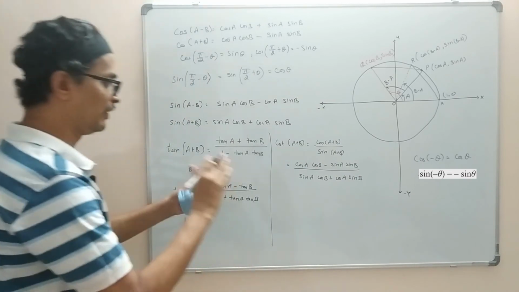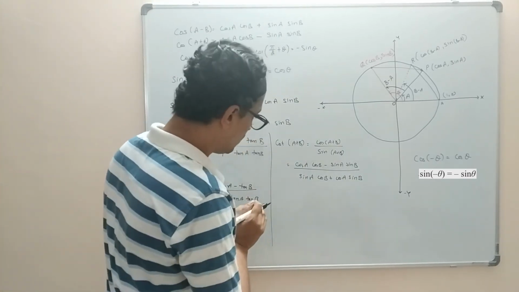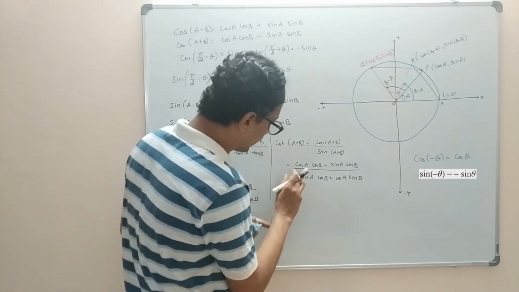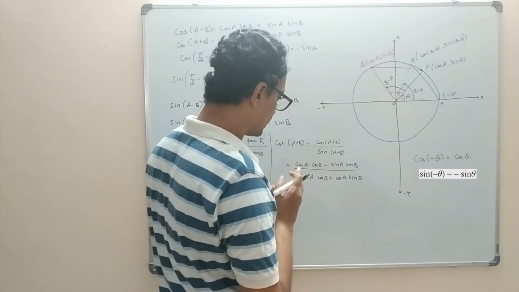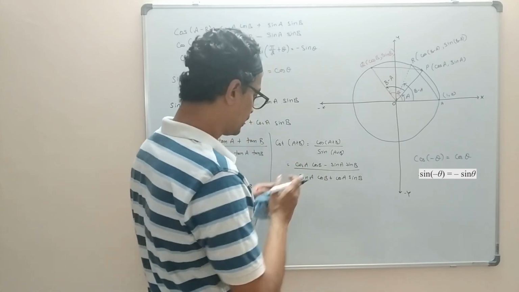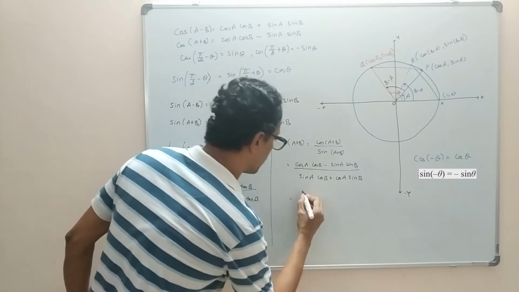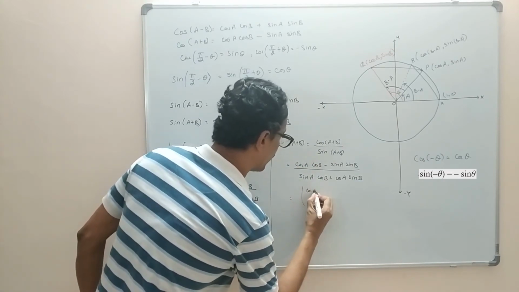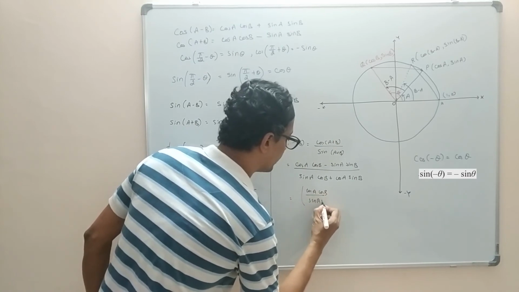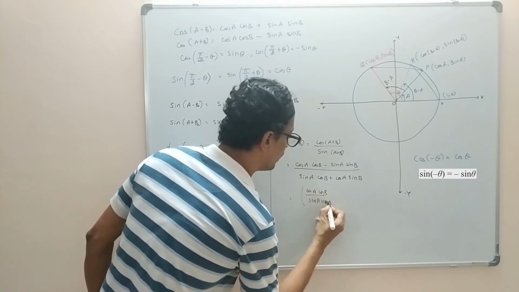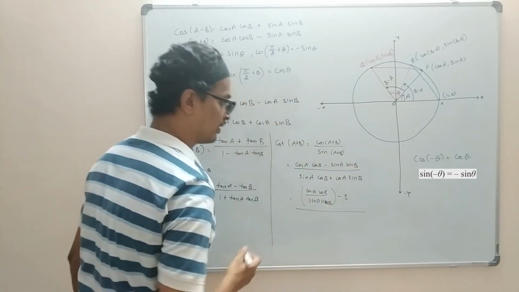So we have to get everything in cot. So what should I do? You can see here, I should divide by sin A sin B. Correct? So when I divide by sin A sin B, what happened? The top one would become cos A cos B divided by sin A sin B minus 1, the whole thing, because this becomes cot.